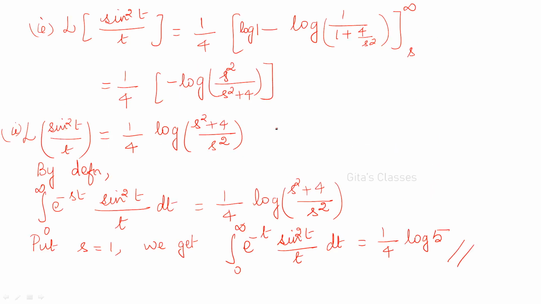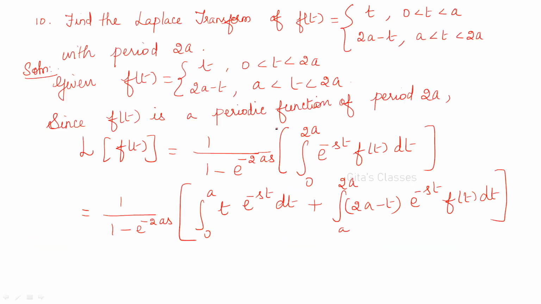Next is find the Laplace transform of the periodic function with period 2a. That is 0 to a it is defined as t, and a to 2a it is defined as 2a minus t. The periodic function means here a and 2a and 3a, 4a. That is whatever function is defined, here it is defined as t and 2a minus t.